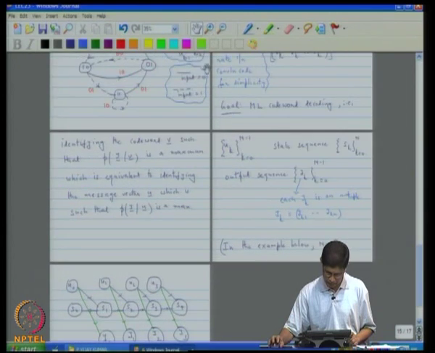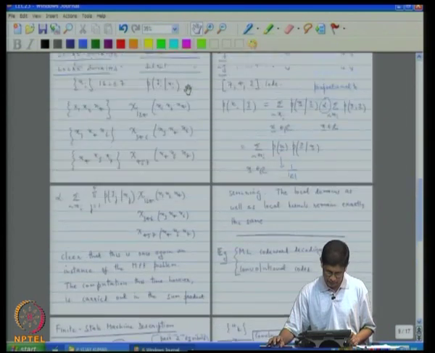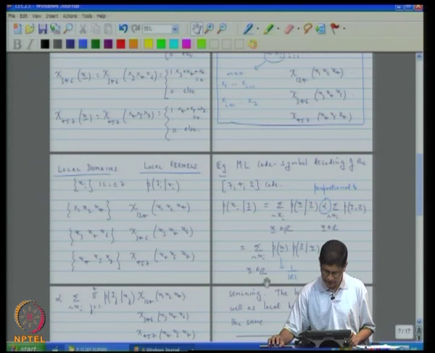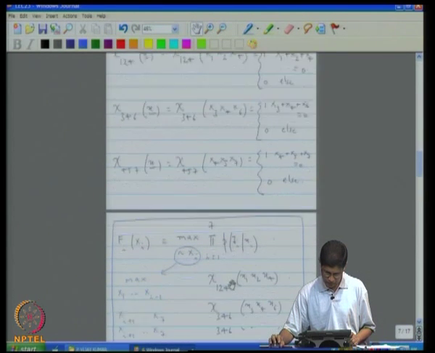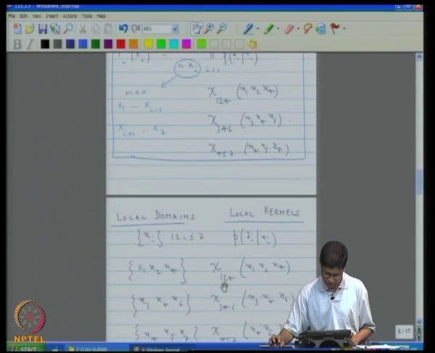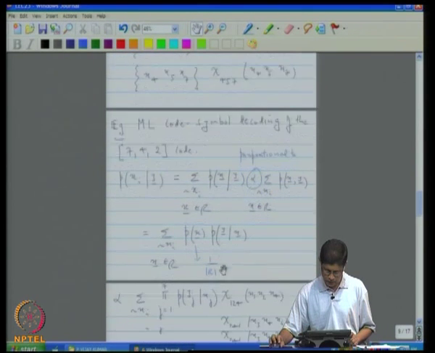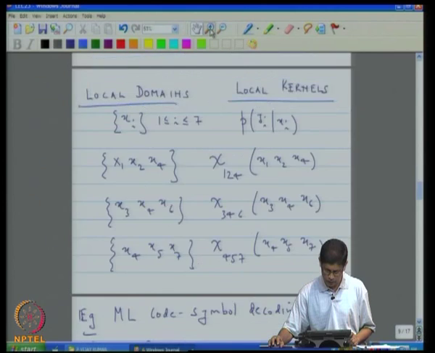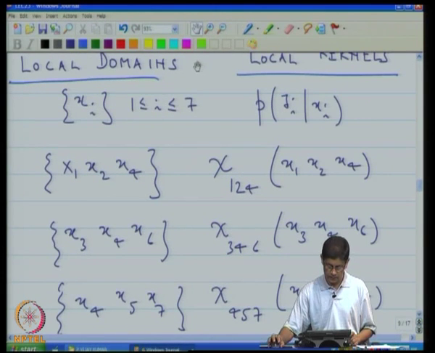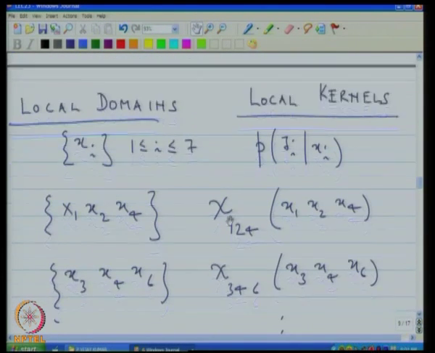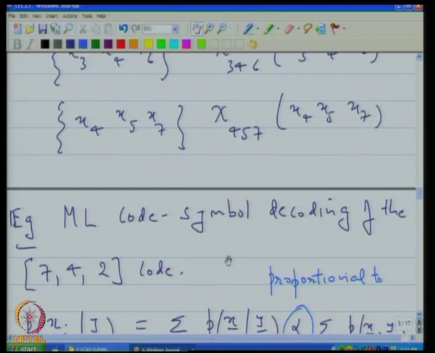And then very quickly we followed that up by showing that for the same code you can have a second decoding algorithm. For the same code we have two different decoding algorithms.